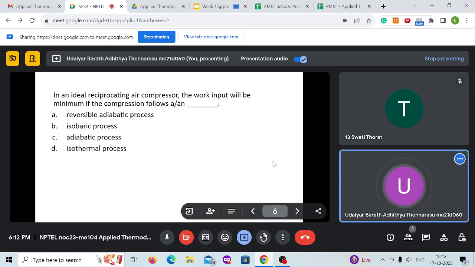The next question: in an ideal reciprocating air compressor, the work input will be minimum if the compression follows a dash. You have four processes listed: A, reversible adiabatic, that is an isentropic process; B, an isobaric process; C, an adiabatic process; and D, an isothermal process.